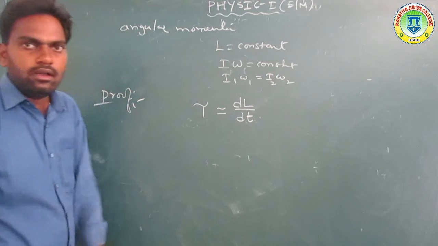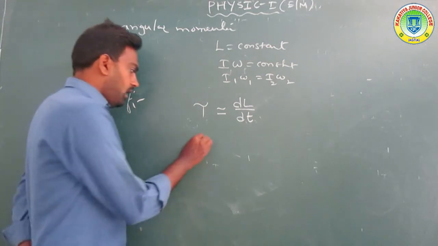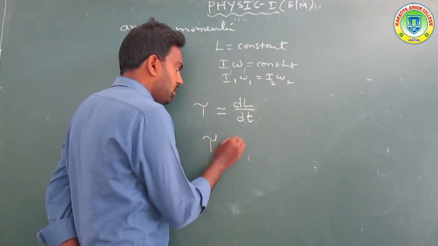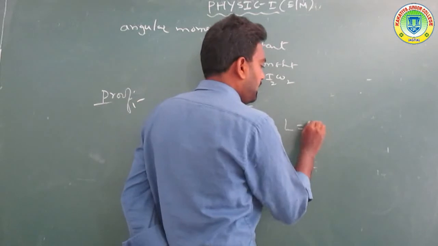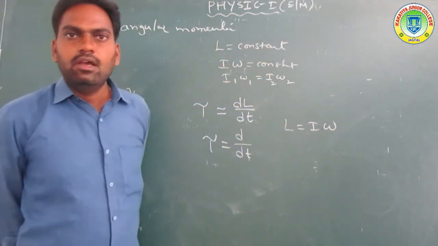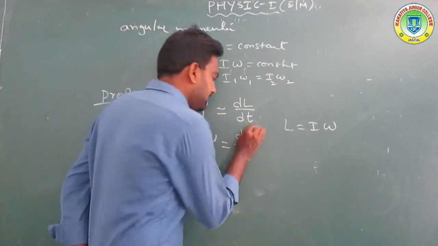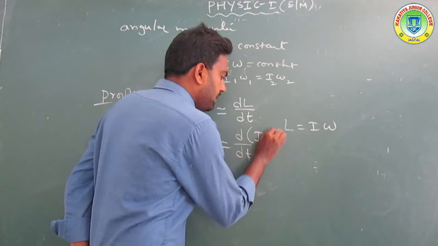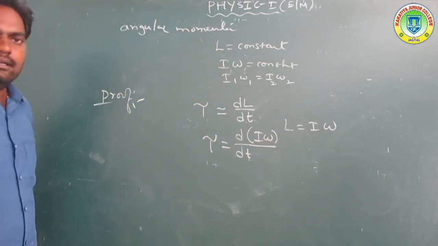So tau is equal to dL by dt. According to the definition, L is equal to I omega, where I means moment of inertia and omega means angular velocity. Substituting in the equation, d(I omega) by dt.